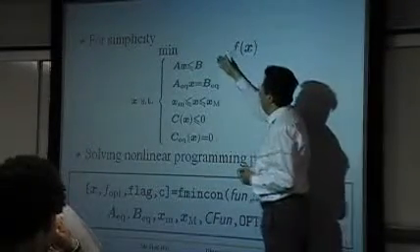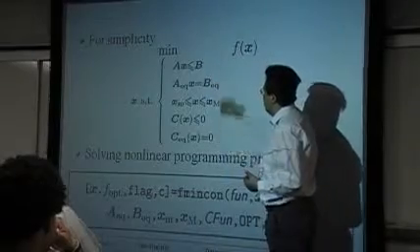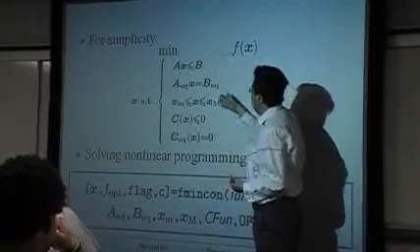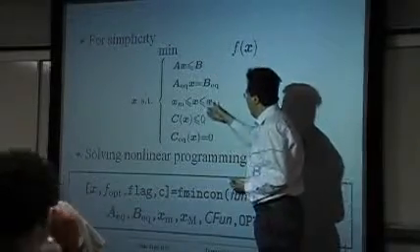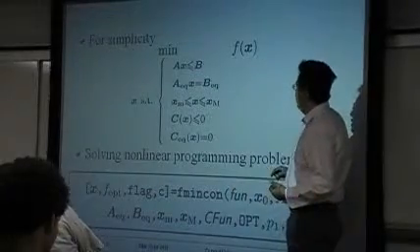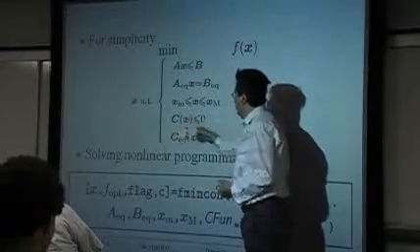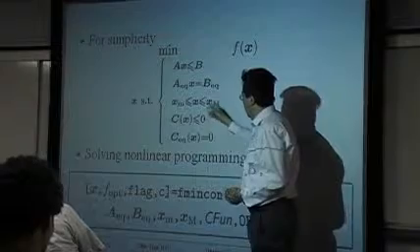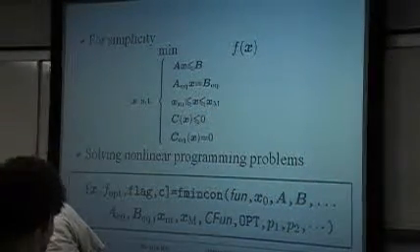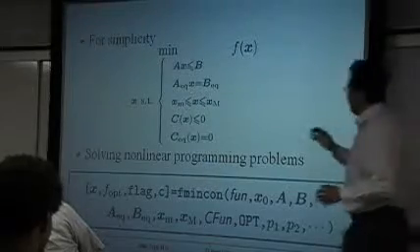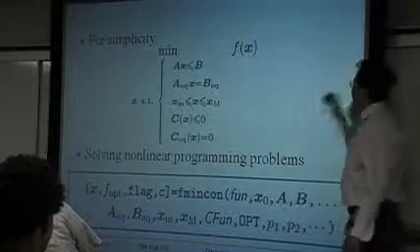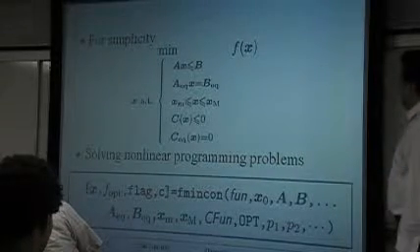We can rewrite the constraints like this: we extract the linear constraints, and then we have nonlinear inequalities and nonlinear equalities. It should be noted that for the nonlinear constraints, the right-hand side should be 0, so we have to move everything to the left-hand side. These are the standard form of nonlinear programming problems.